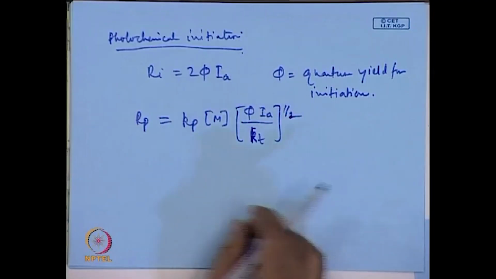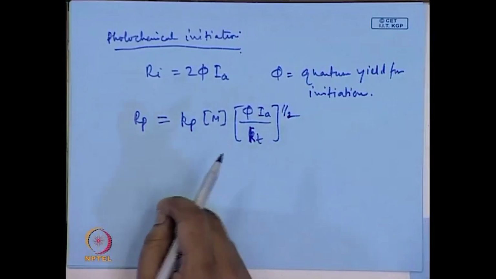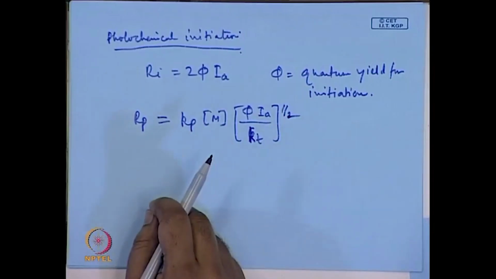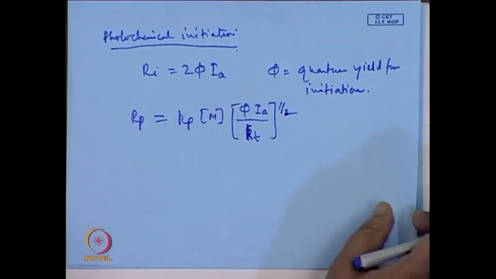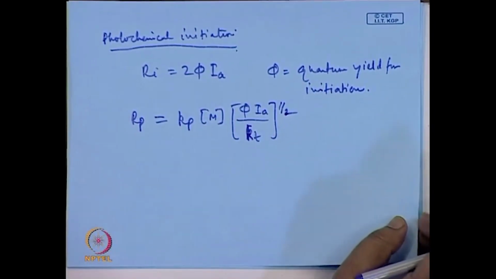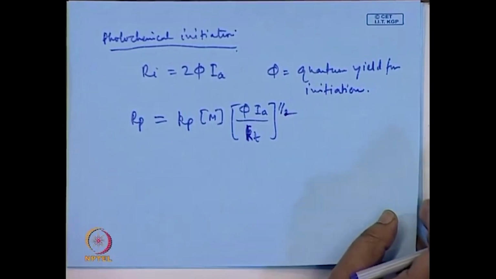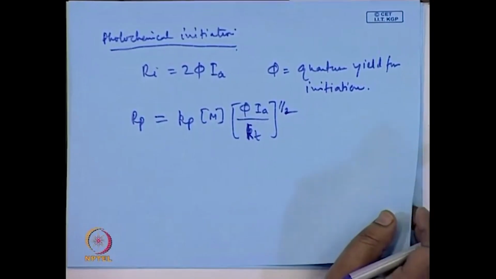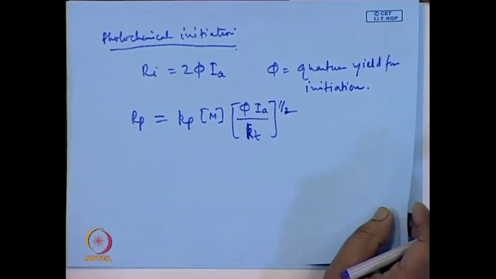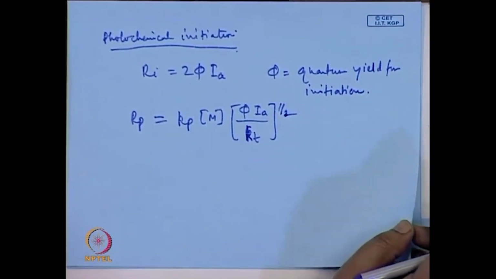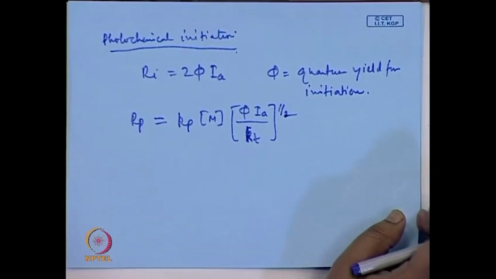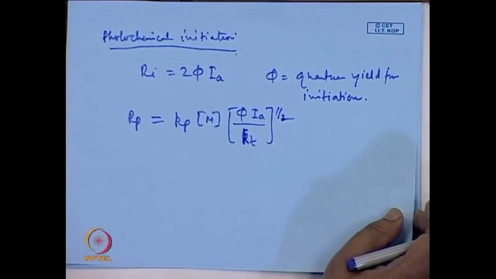So, we talked about the most common rate expression for rate of polymerization, whether it is initiated by thermal initiator or redox initiator or by photochemical initiation. These are the most common routes of initiating a radical polymerization. So, we know the rate expressions for the rate of polymerization.